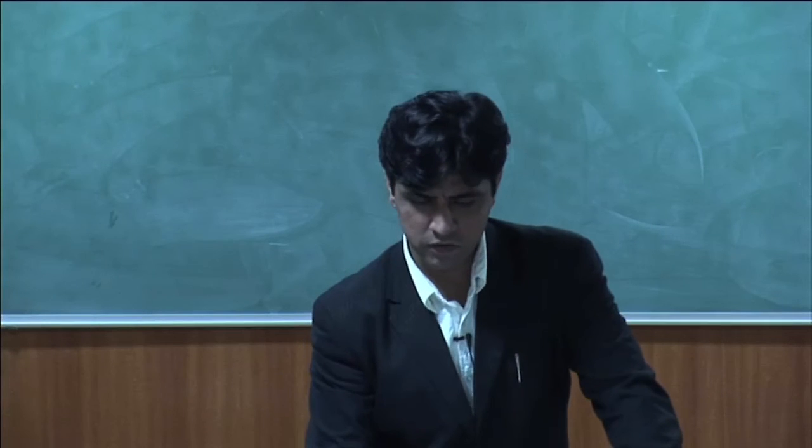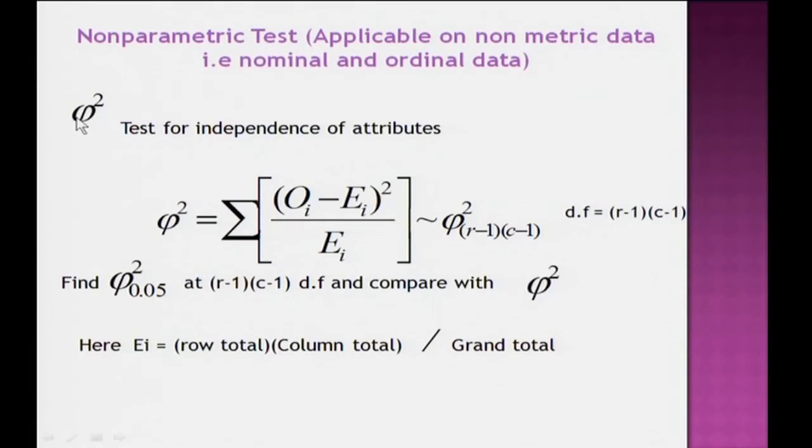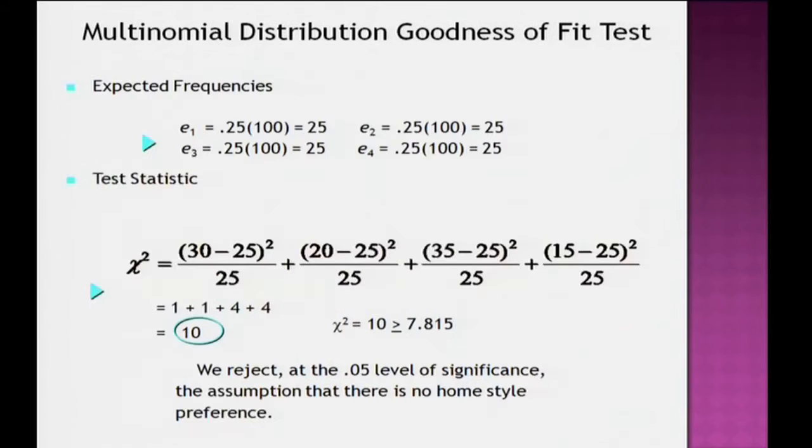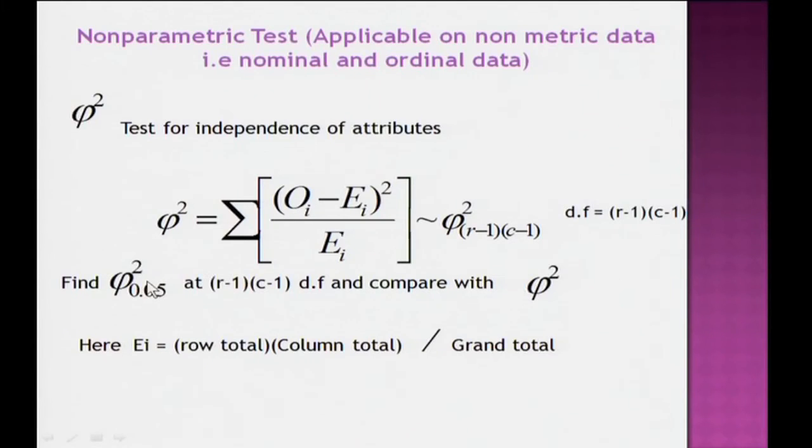This is another case. This is also the symbol for chi-square only, but I would recommend that you write chi-square in this form, x with both sides crossed and an extra tail. Let us assume this is also chi-square, sum of observed minus expected whole square by expected. It will follow a chi-square with (r minus 1)(c minus 1) degrees of freedom.